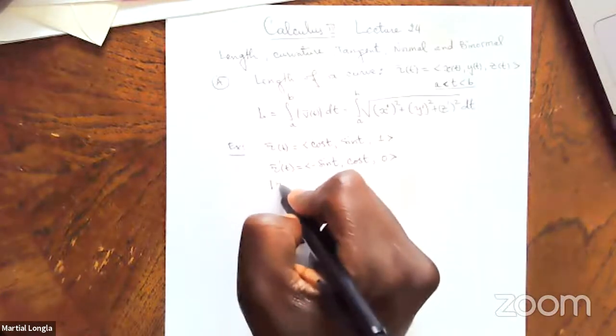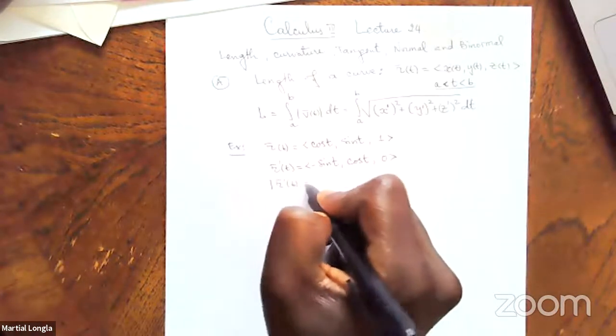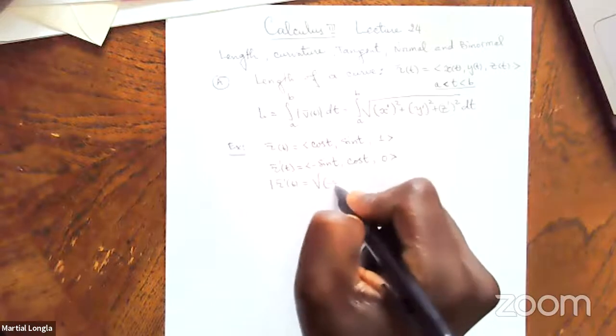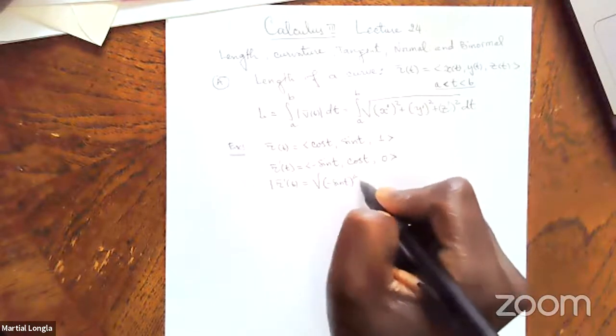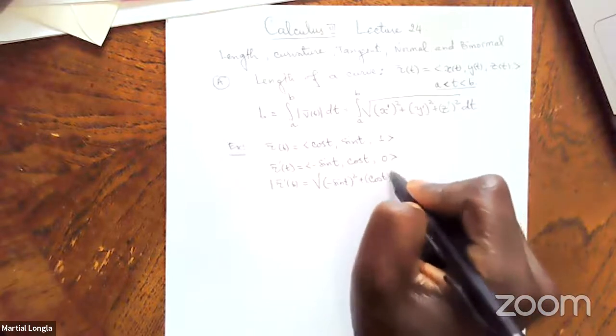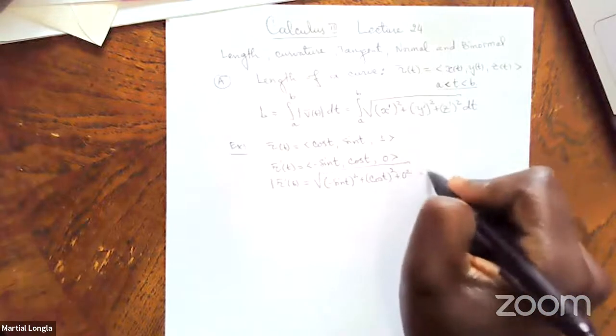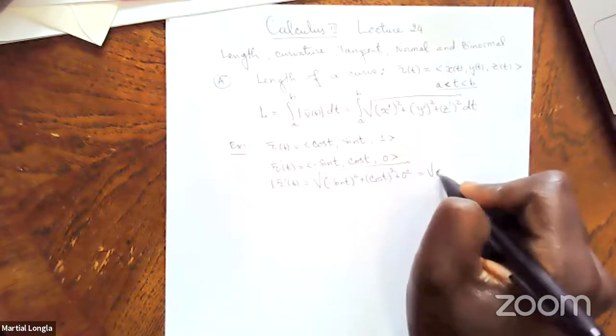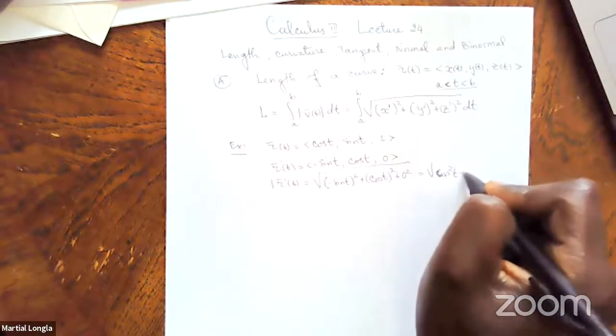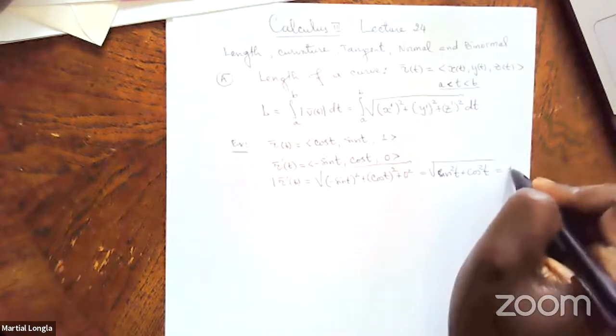The magnitude of r prime of t is the square root of negative sine t squared plus cosine t squared plus 0 squared, and that's the square root of sine squared t plus cosine squared t, and that's 1.